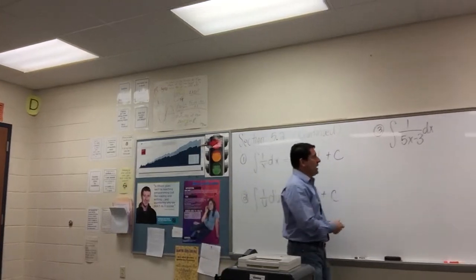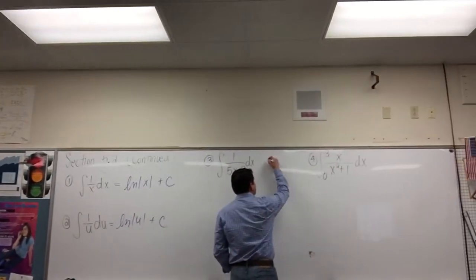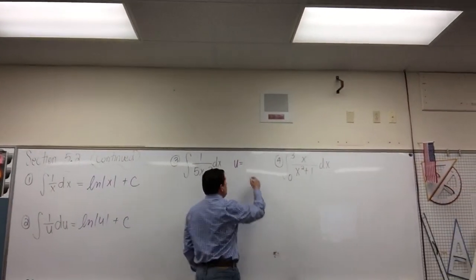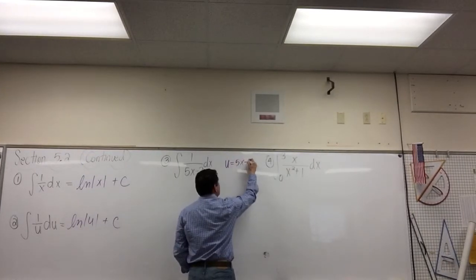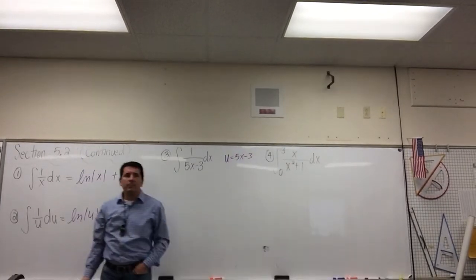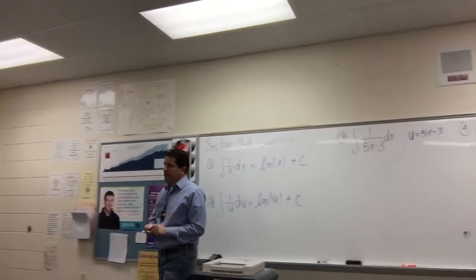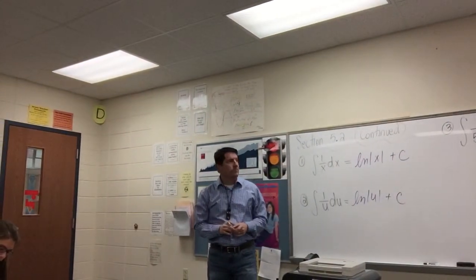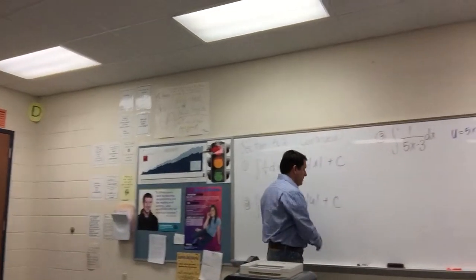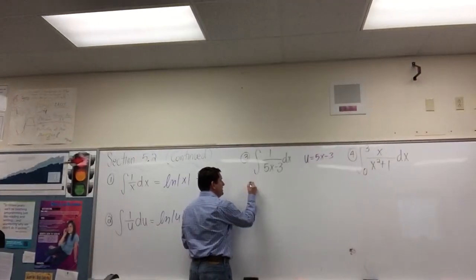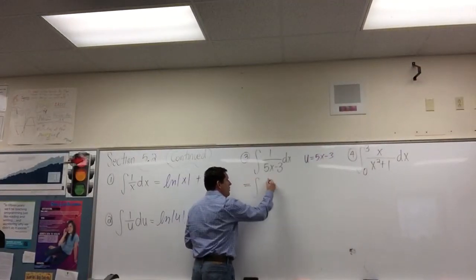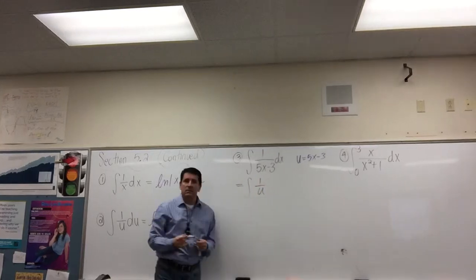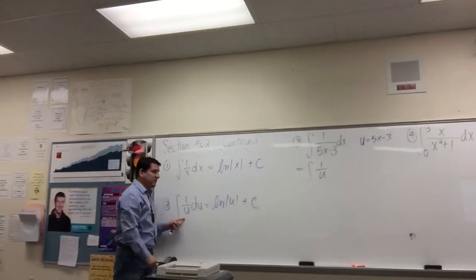So in this problem, you choose to do u substitution where you let u be 5x minus 3. Now where does that lead you? Well, you can now write this as the integral of 1 over u. So now it matches this one.